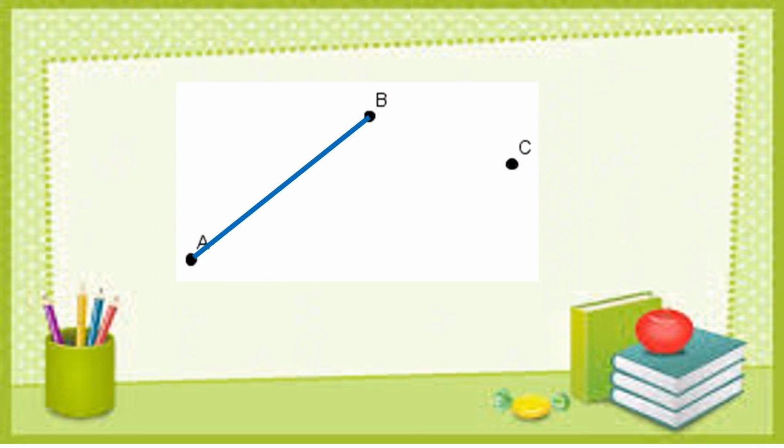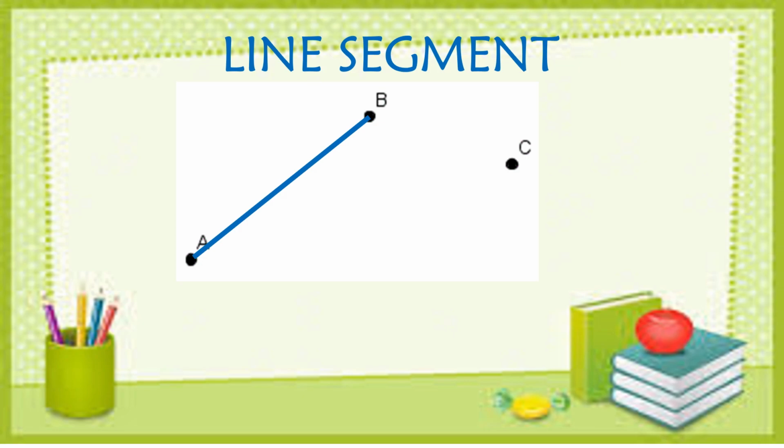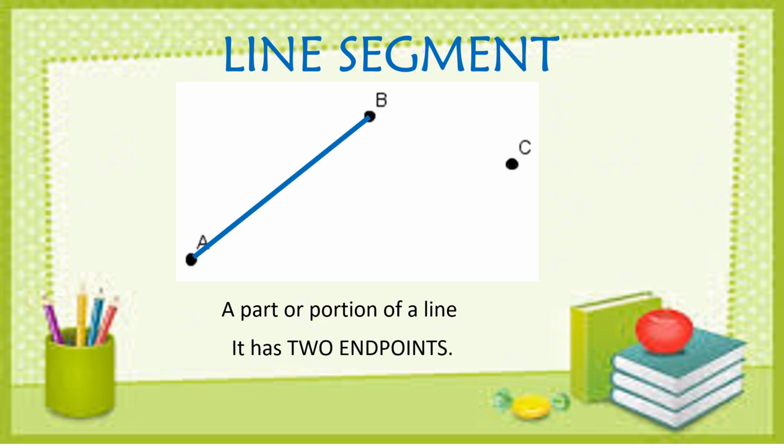So, when we have this figure, technically, we cannot say that this is a line. So what is this? This is a line segment. What is a line segment? It's a part or portion of a line. It has two endpoints.